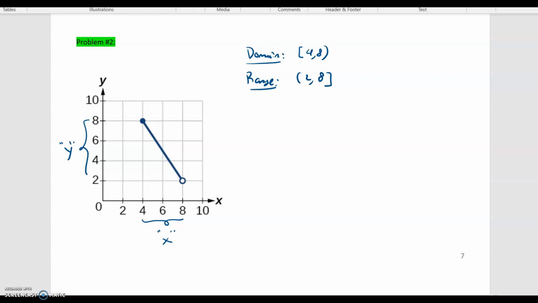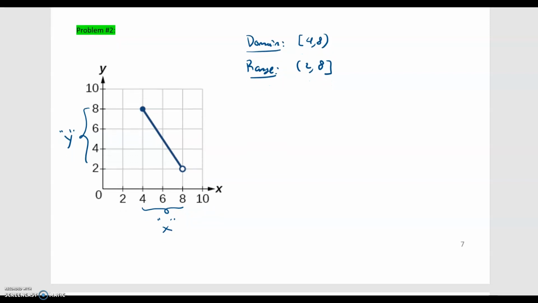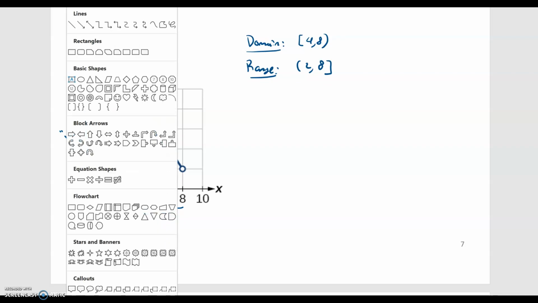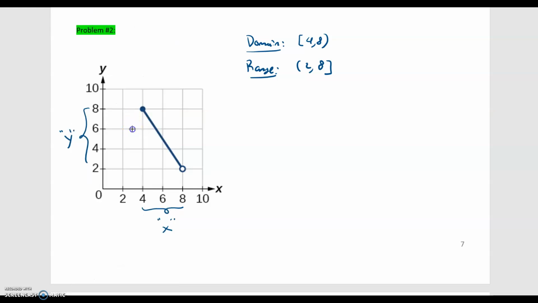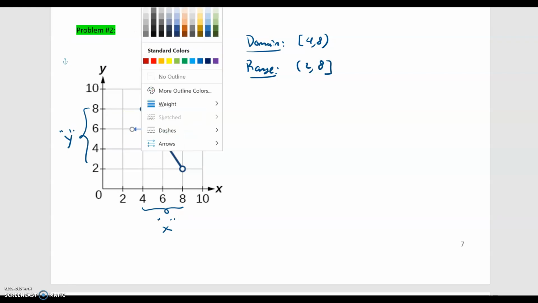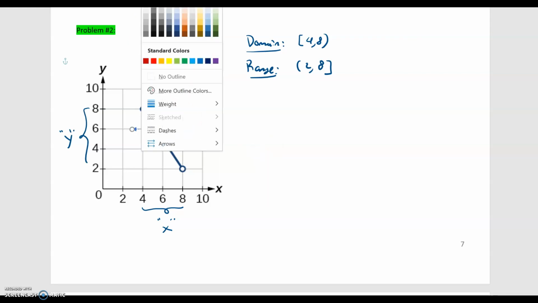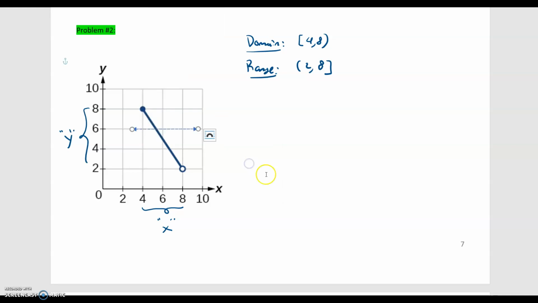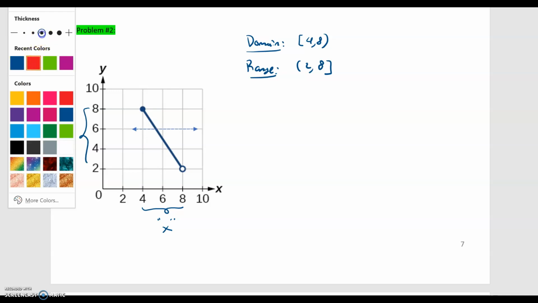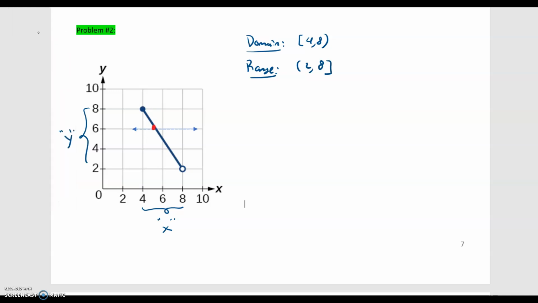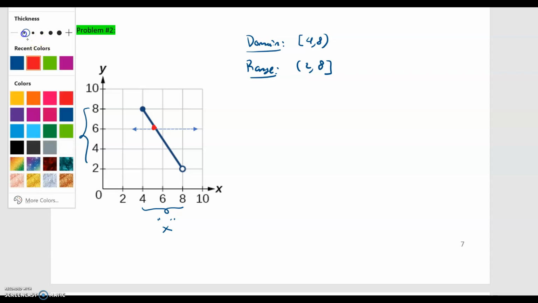The next portion is with the horizontal line. This one, yes, it's going to pass. Let me just draw the actual line. And then the intersection. In this case, that would be our intersection.